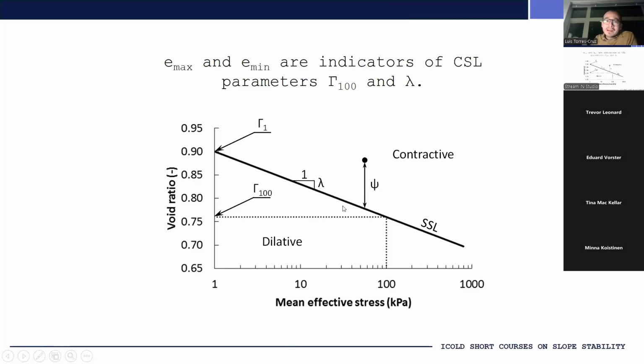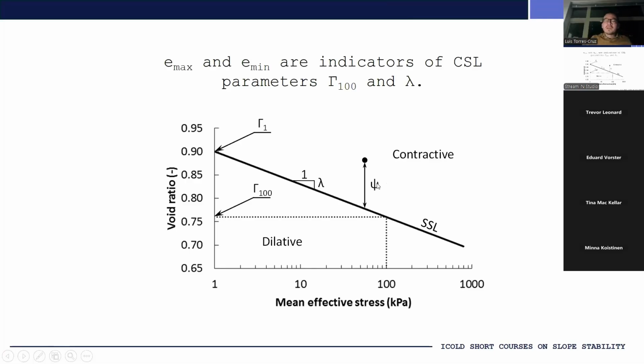And the second thing that I wanted to say is that this defines the state parameter, right? The state parameter is essentially the distance between the state of the soil and the critical state line. So if it's on the contractive side, the state parameter is positive, and if it's on the dilative side, this state parameter, represented by the Greek letter psi, will be negative.